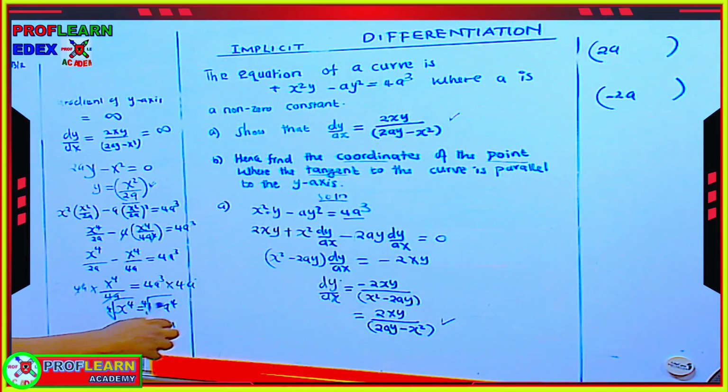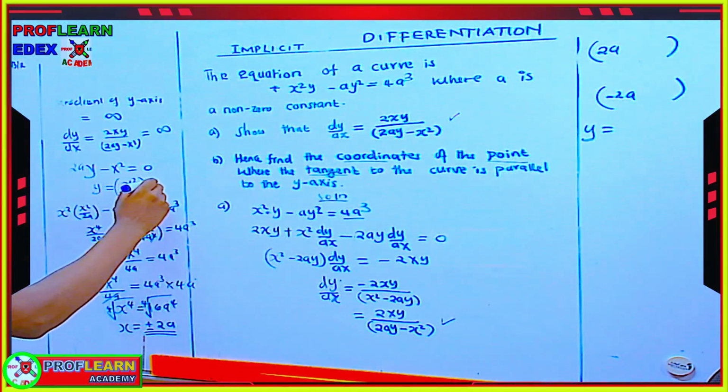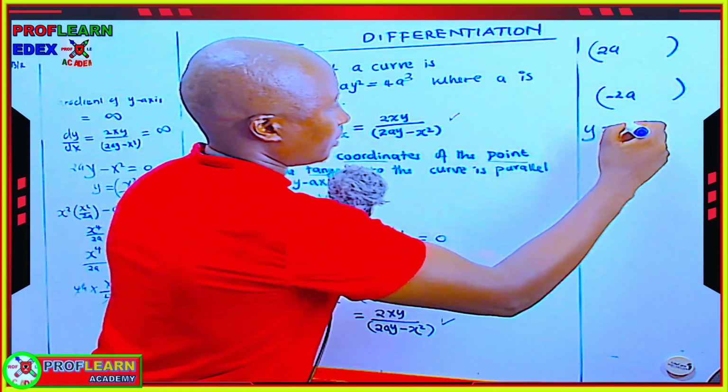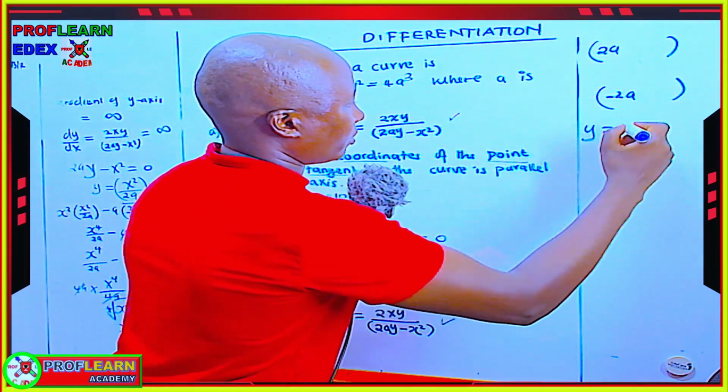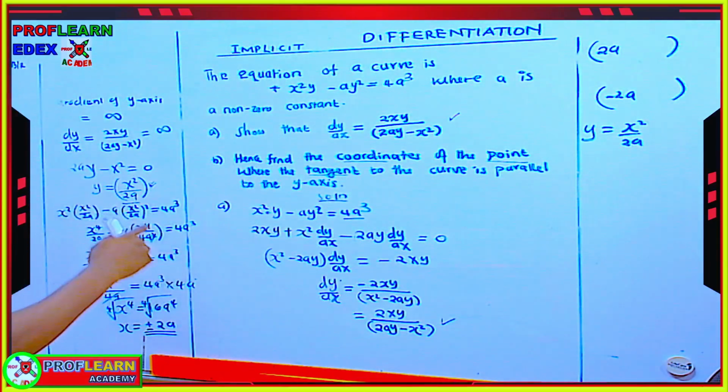But remember, y equals x squared over 2a, from the equation that we had here.